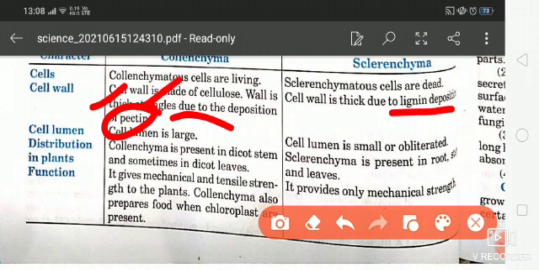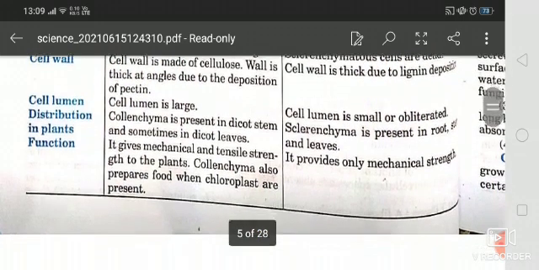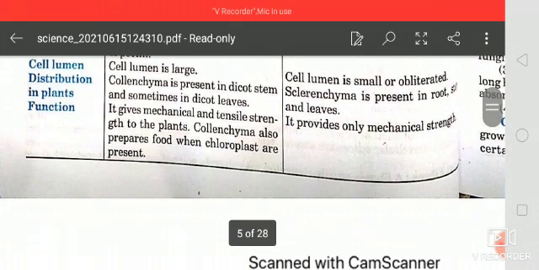So there is deposition of pectin in collenchyma, and in sclerenchyma there is deposition of lignin. Next is the cell lumen, which is large in collenchyma and small in sclerenchyma, or obliterated.